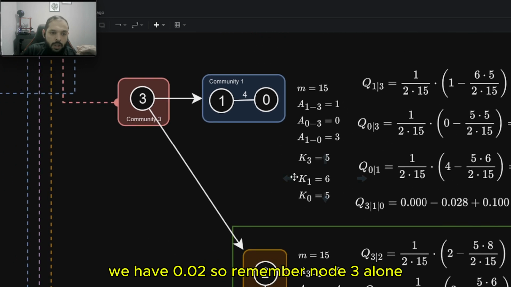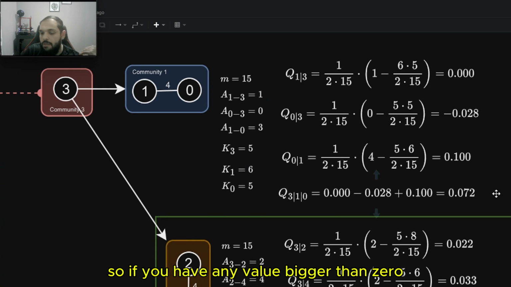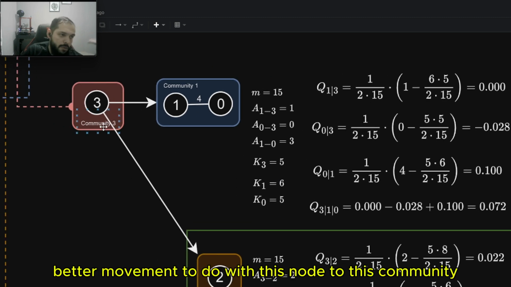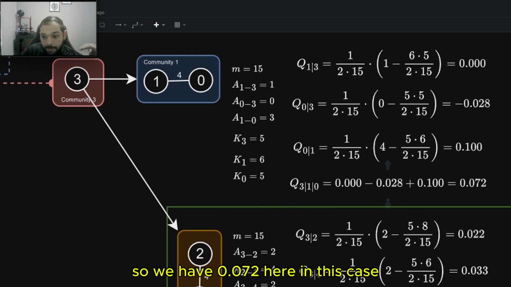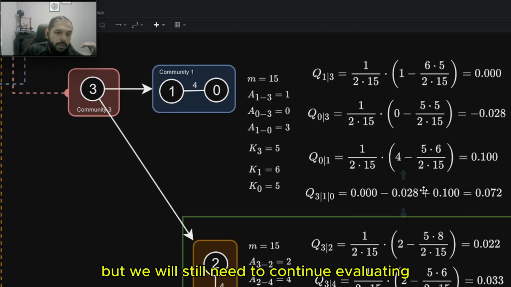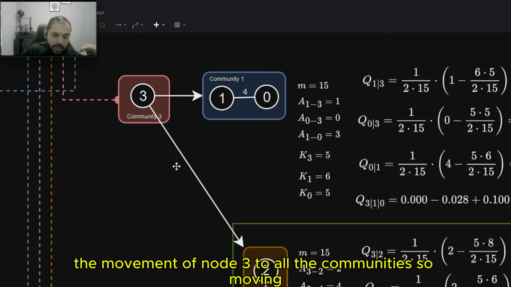Remember, node 3 alone in its community has a modularity value of 0. So if you have any value bigger than 0, it's going to be a better movement for this node to this community. So we have 0.072 here in this case. But we still need to continue evaluating the movement of node 3 to other communities.